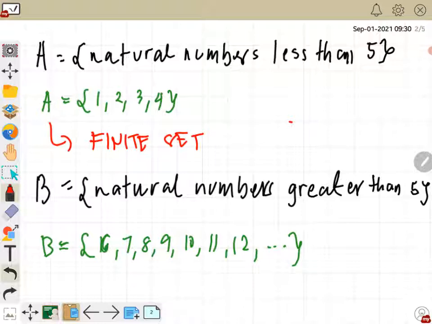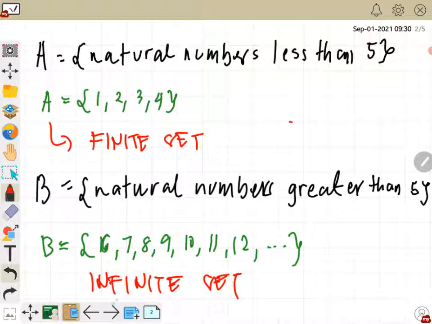In set B, this is an example of infinite sets. Infinite sets are those sets in which there are infinite number of elements within it. So we cannot actually count it and we cannot actually list it down by using the roster method. So what we can only do is by defining it.